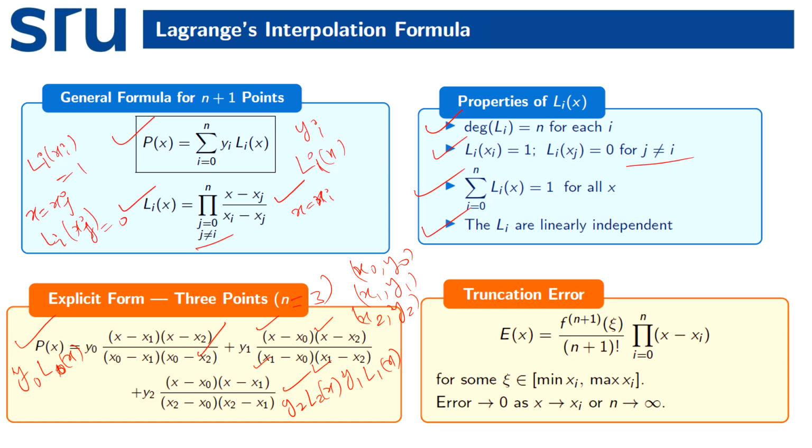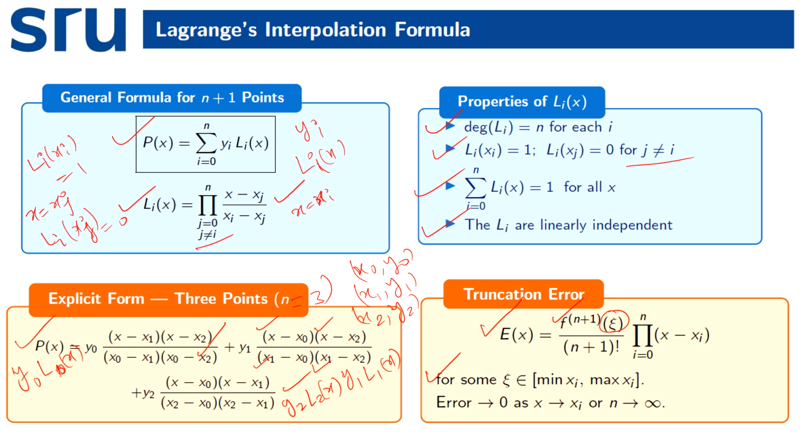Now let us briefly discuss the error involved in interpolation. The error is given by this formula, E(x) equal to the expression that you can see on the screen. Here this symbol lies between the minimum and maximum of the given data points, and f of derivative of order n plus 1 is the n plus 1 derivative of the function.